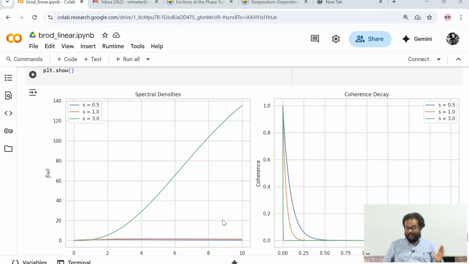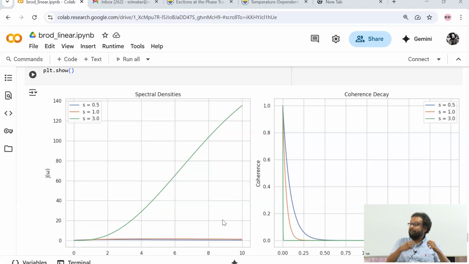And so when you have a bath which is super-ohmic, then you are in this limit of very fast fluctuations. Okay, and for example, phonons are a super-ohmic bath. In fact, there your S is, if I'm not wrong, around 3. It's cubic in the frequency. Okay, the spectral density scales cubic with frequency.